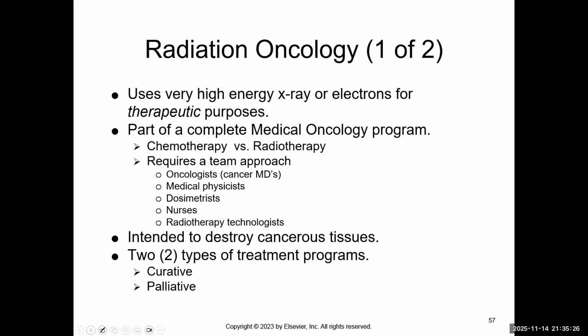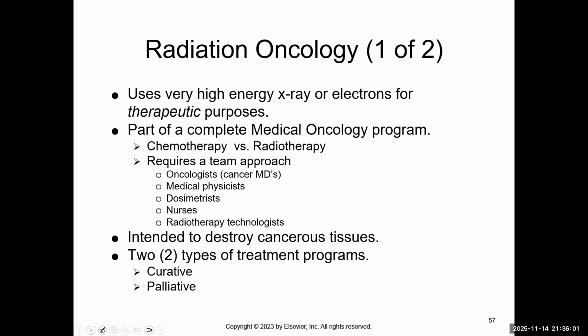Whereas we in X-ray are more like a hit and run. We roll in, we take the image, we leave, and we may or may not see that patient again, depending on what they're there for. So again, the purpose of this particular group is basically to treat cancer patients, intended to destroy those cancerous tissues. The types of treatment therapists might engage in are curative or palliative.